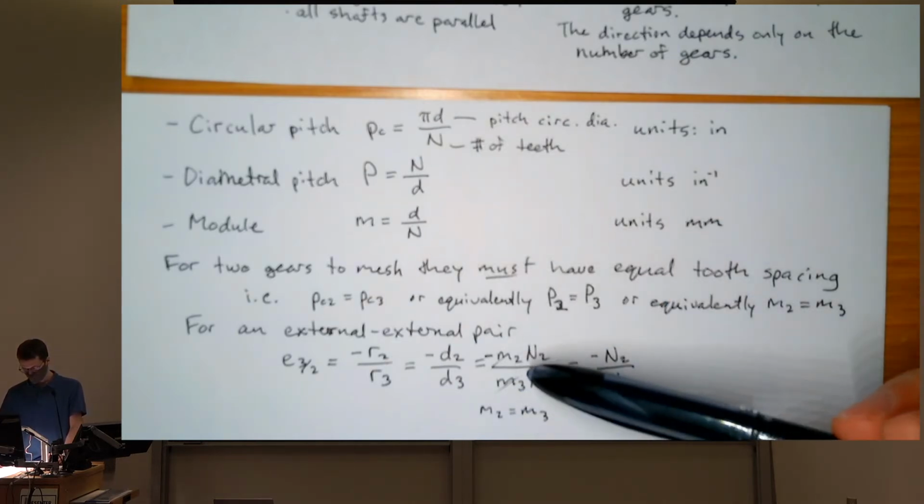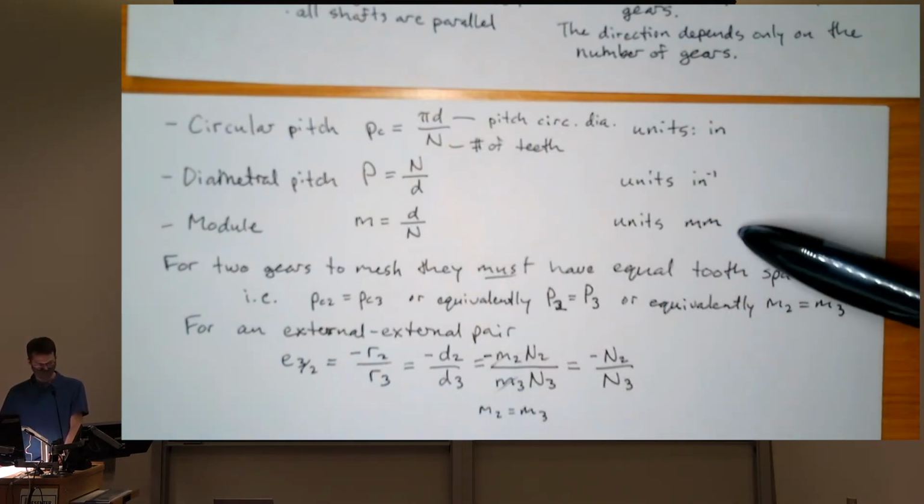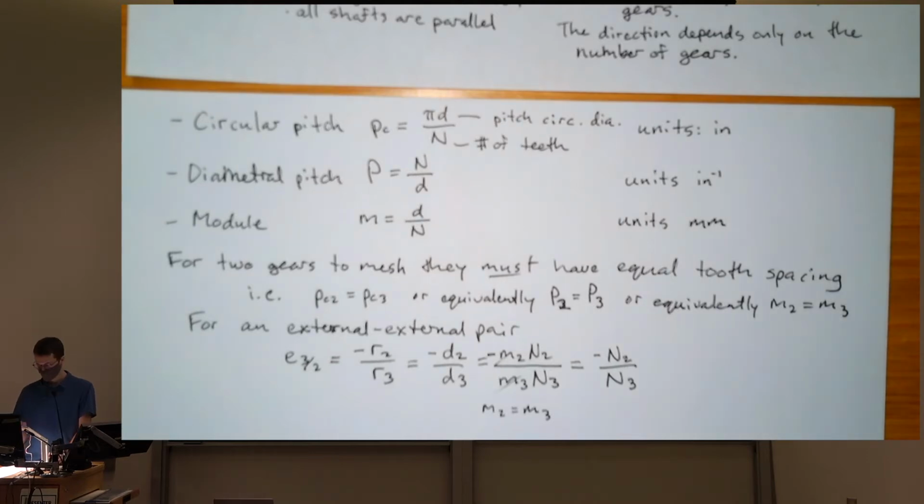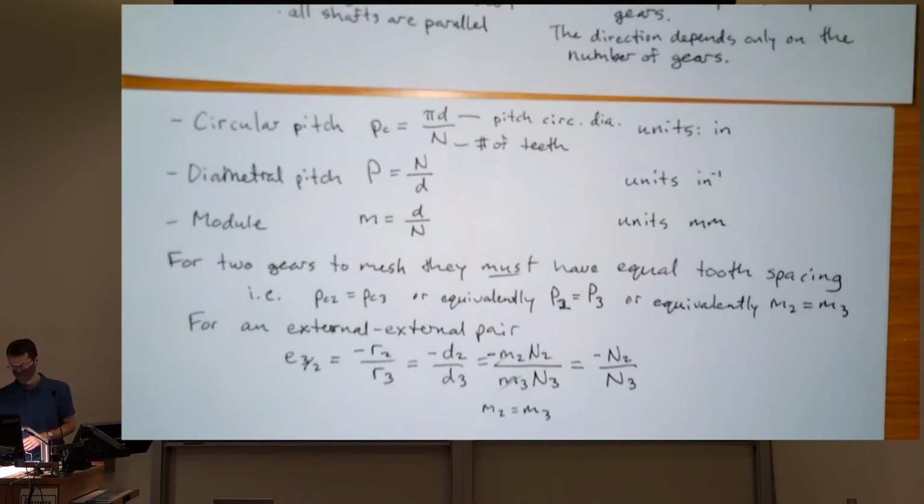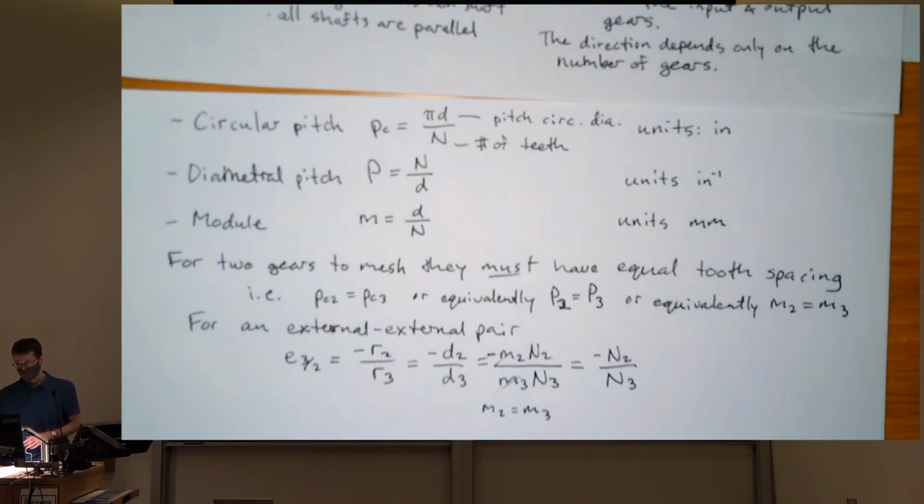I like using module because it's our metric one in units of millimeters. But you can use whatever you want. And often the problem will give you one of those three measures. It'll either give you module, circular pitch, or diametral pitch. And it's important to stay in those units because if you buy imperial gears, the chances of them meshing with metric gears are pretty slim.